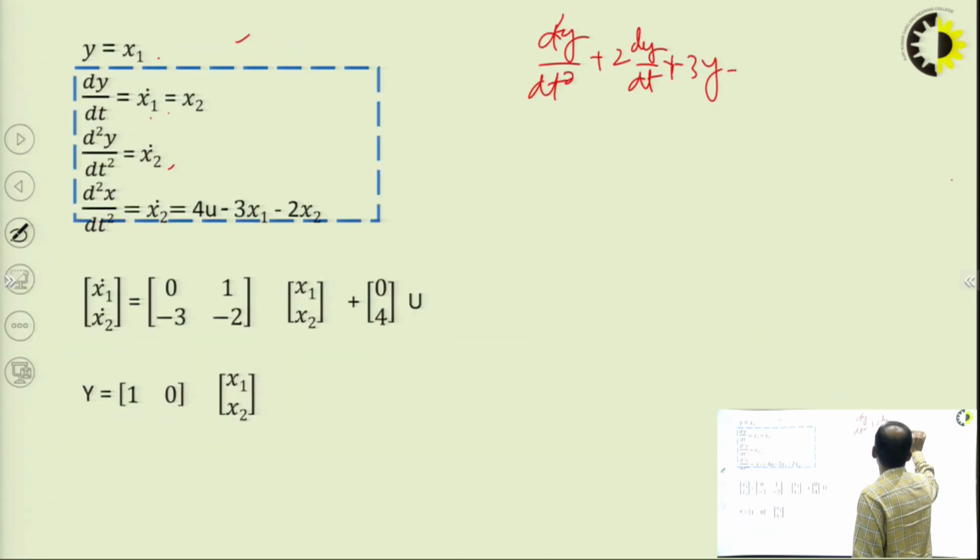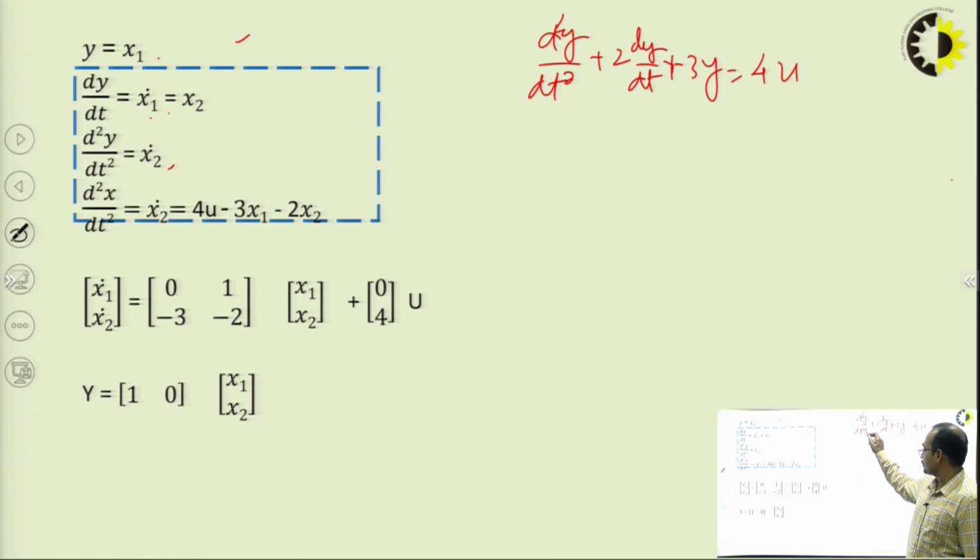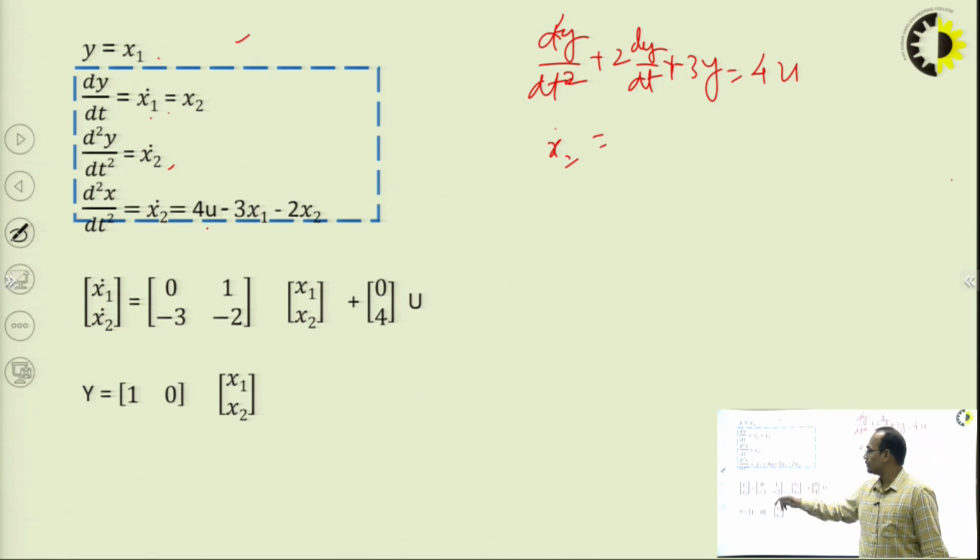So d square y by dt square is nothing but x2 dot. x2 dot is equal to 4u minus 3x1, where x1 is nothing but y.